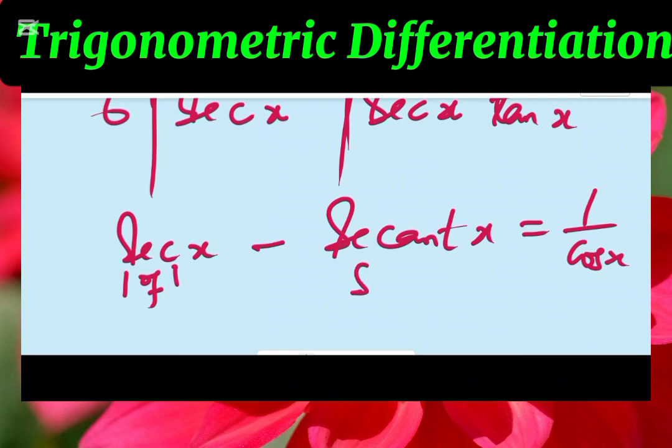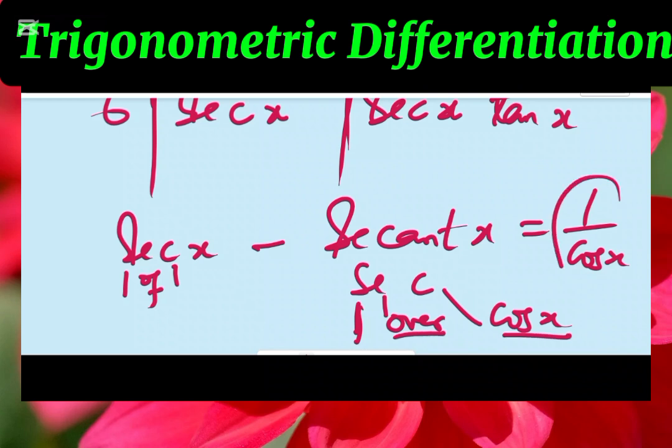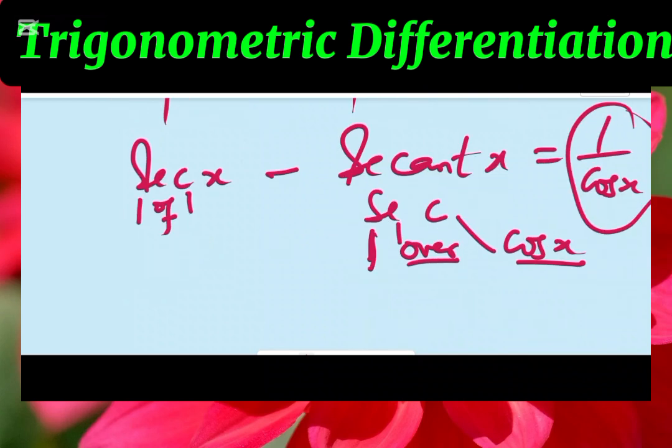So here sec: s for 1, the second letter over, now c for cos. So this is 1 over cos x. That's how we got this.